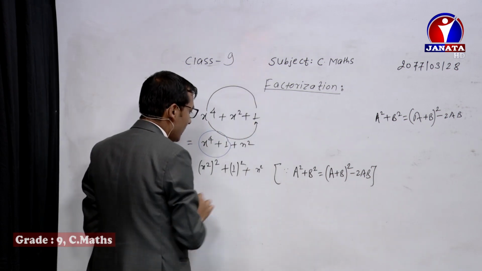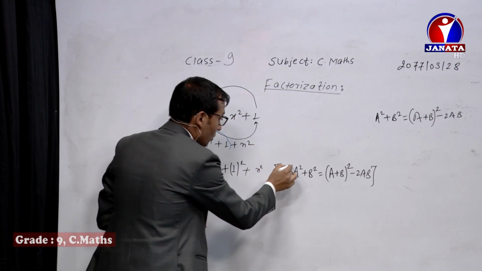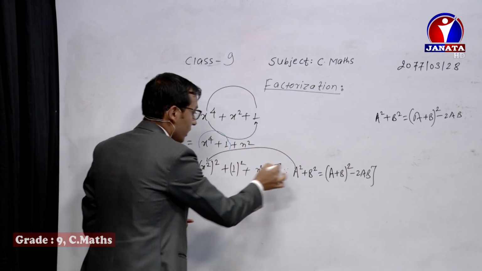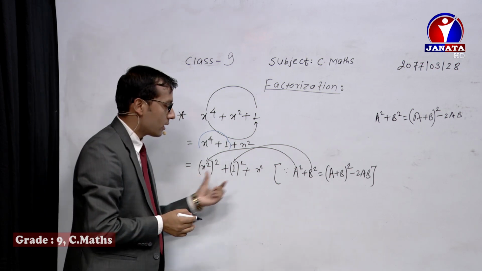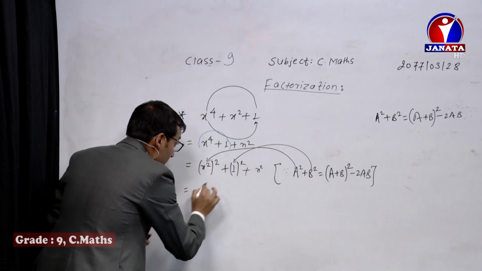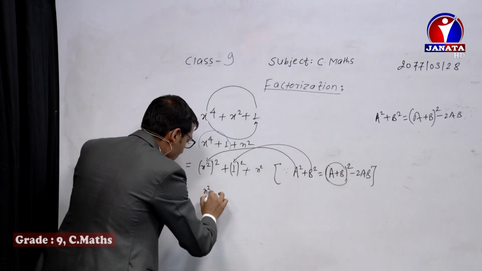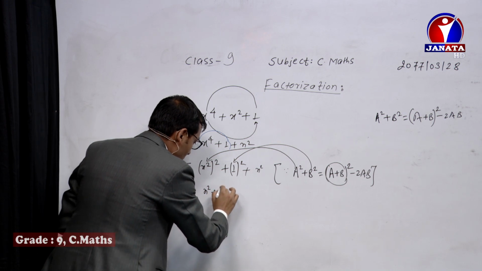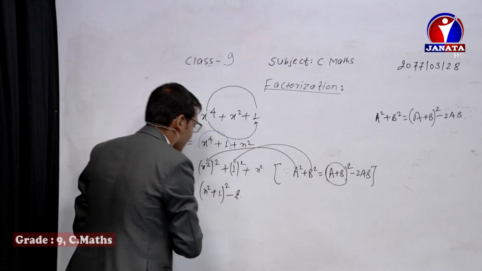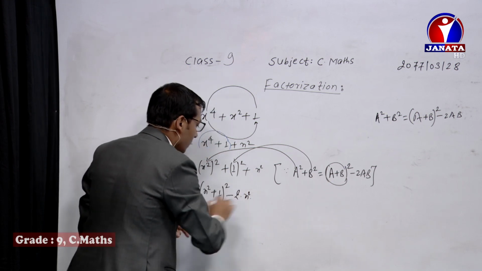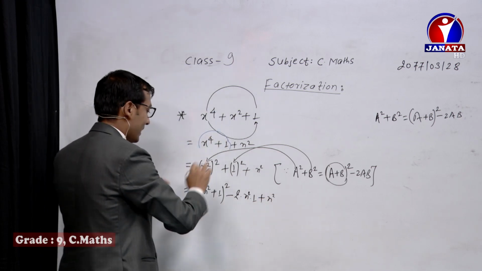Here a is x square and b is 1. Let's convert into this form: (a plus b) whole square, so x square plus 1, whole square, minus twice of ab, which is twice x square times 1, plus the last term as it is.